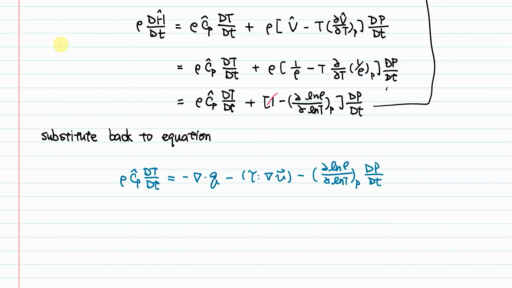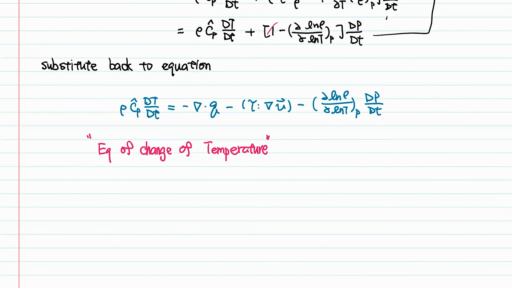So this would be our final form of the equation of change of temperature in terms of q and tau, so in terms of heat conduction and viscous dissipation.